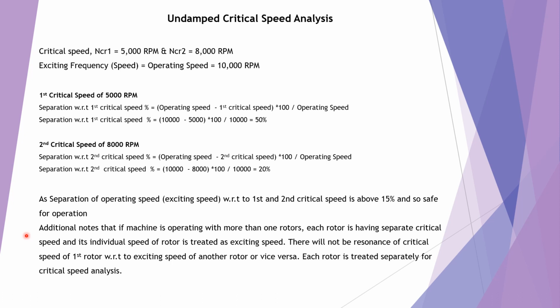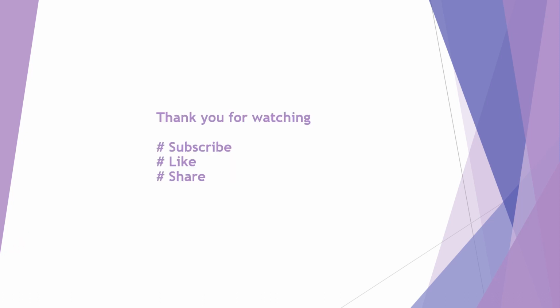There will not be resonance of the critical speed of the first rotor with respect to the exciting speed of another rotor or vice versa. So each rotor is treated separately for critical speed analysis.